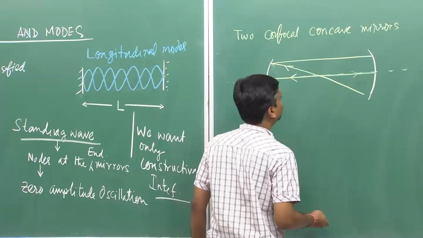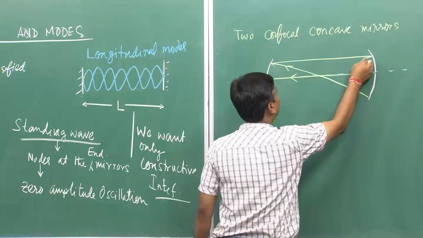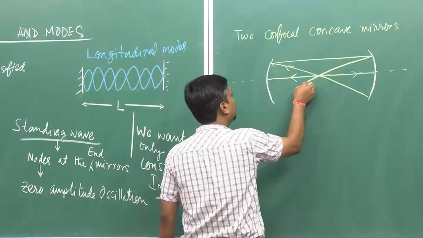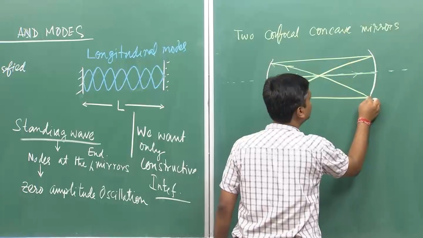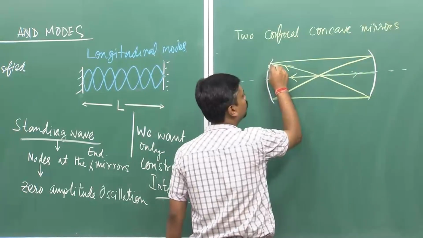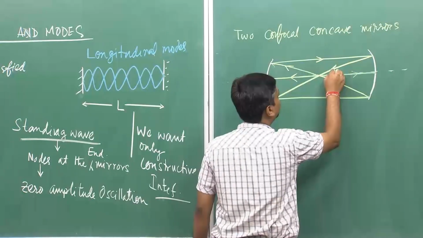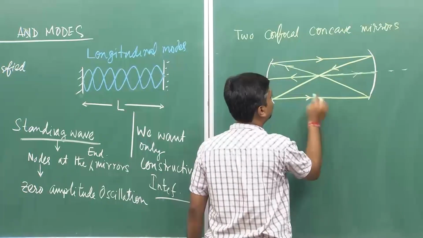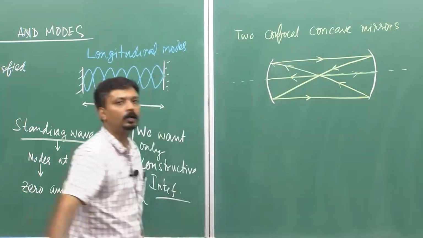It will go here, and then again it will pass through the center, hit here, then it will become parallel to the axis, and then again it will follow a route like this. Okay. So, it is not getting lost.